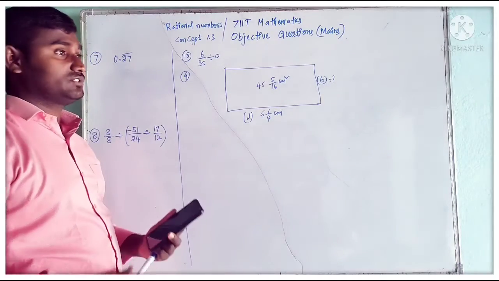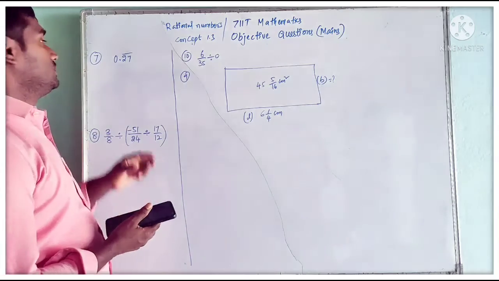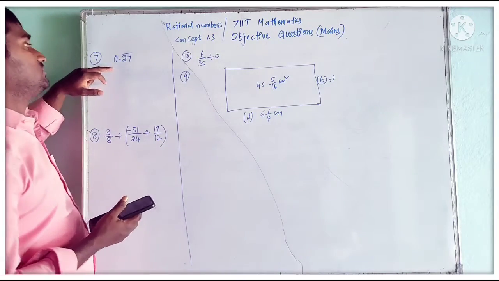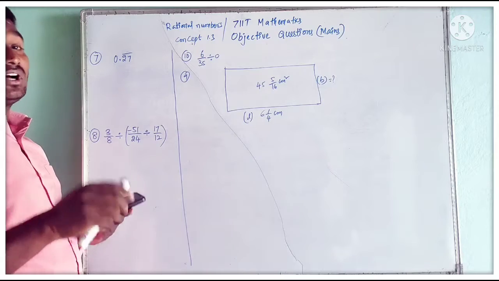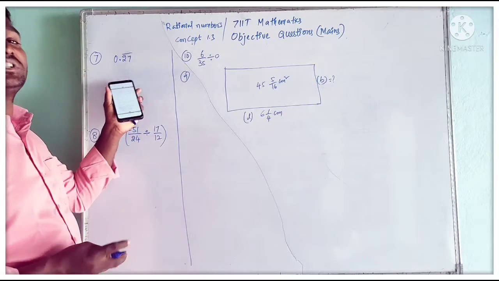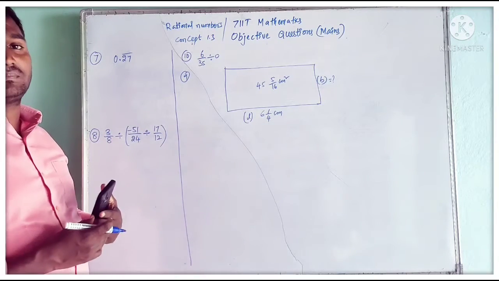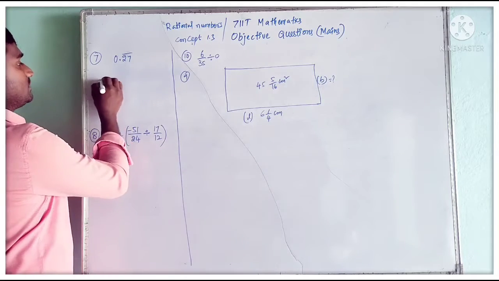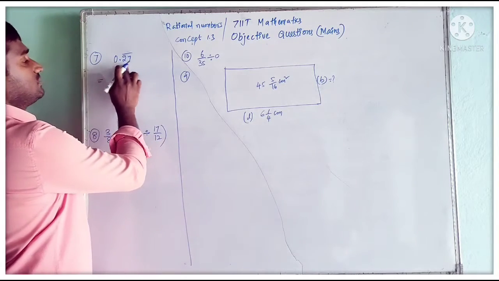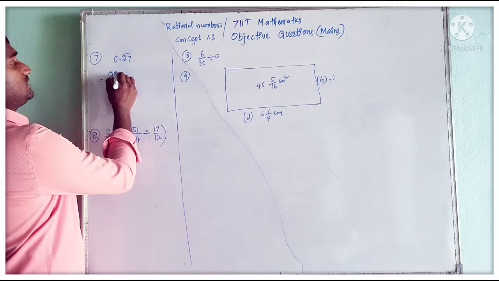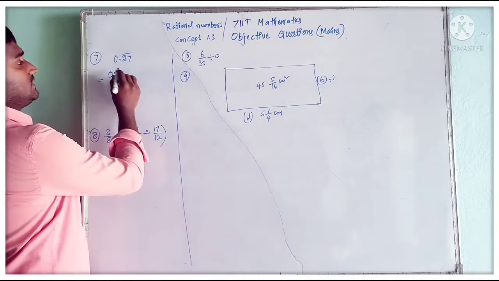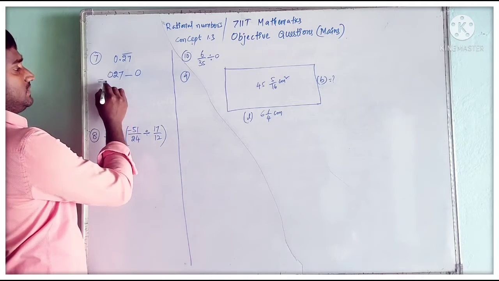Now I am going to discuss with you 7th question. Find the P by Q form of 0.27 bar. These are objective questions, so we know the shortcut method also. First we need to write without the decimal point. What digit is not repeating? 0 is not repeating.